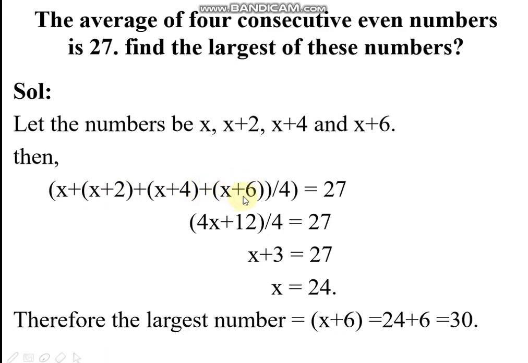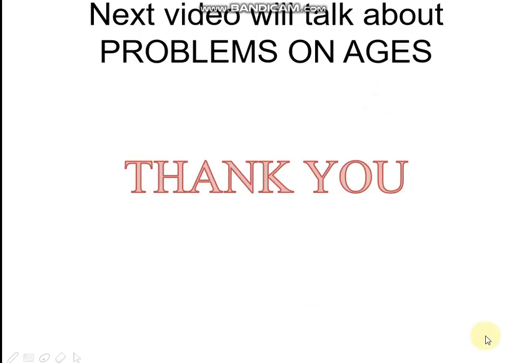Take the total of the 4 and divide by 4 gives the average 27, which is already given in the problem. So now x is 24. We need to find the largest one, that is x + 6. So replace x by 24 and add 6, that is 30. So the largest number is 30.